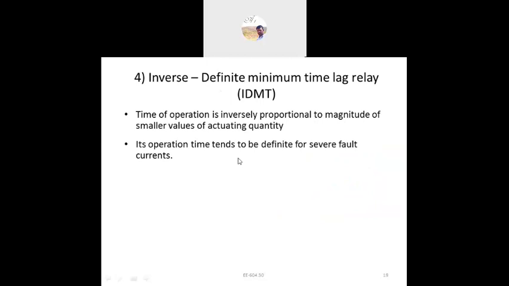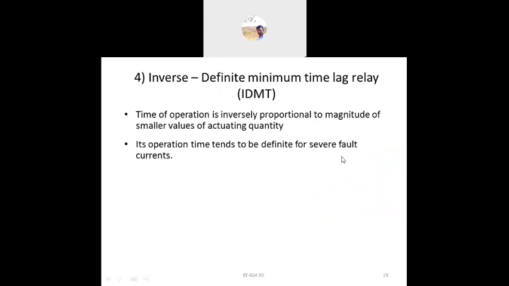Here the operation time tends to be definite for severe fault current. If it is a severe fault current, such as a symmetrical fault, at that time we have to trip immediately, so the minimum time.